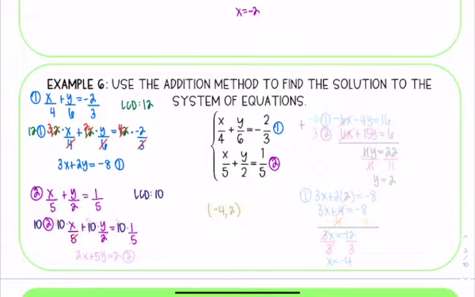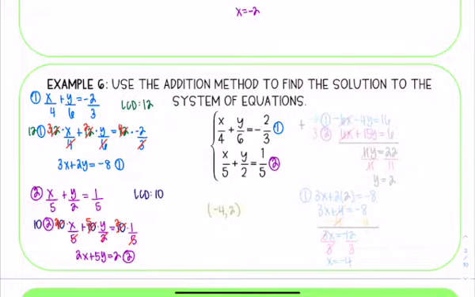And so 5 goes into 10 twice, 2 goes into 10 5 times, and 5 goes into 10 twice. And so what we end up with is 2x plus 5y is equal to 2, and this is my new equation number 2.